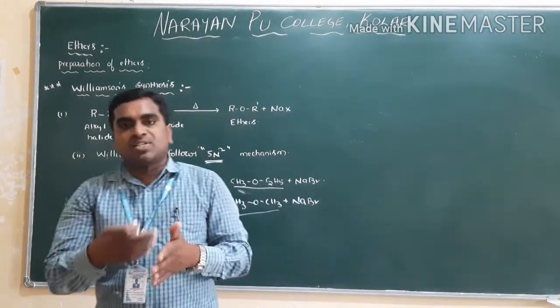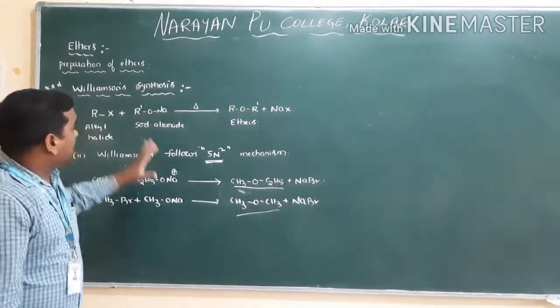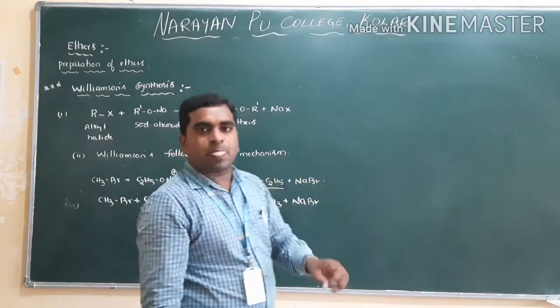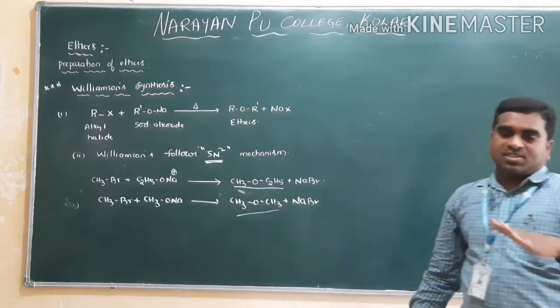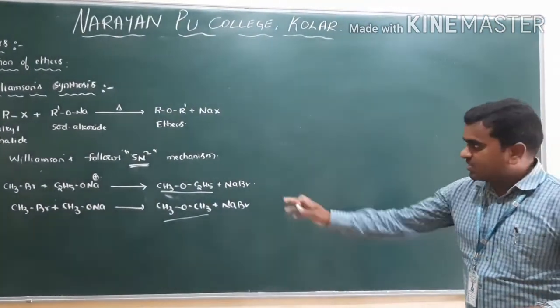But by using dehydration of alcohols, we can prepare only symmetrical ethers. Unsymmetrical ethers we cannot prepare. We can prepare, but a mixture will come. One question is there in the textbook, we will do that one also. But by using Williamson's reaction, we can prepare all types of ethers, symmetrical and also unsymmetrical ethers. That is the third point.